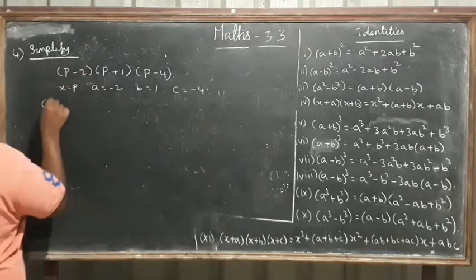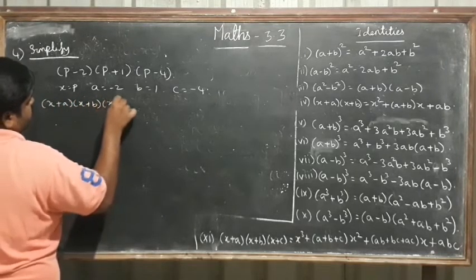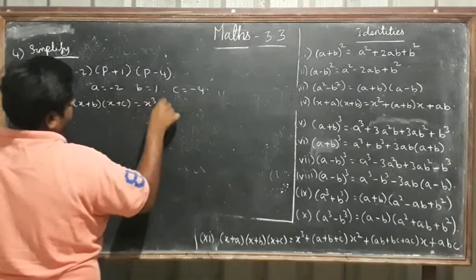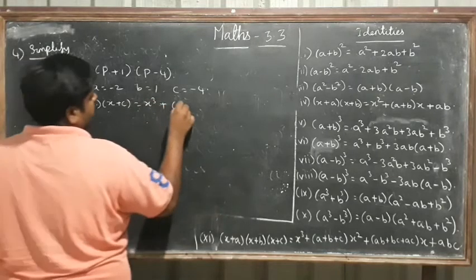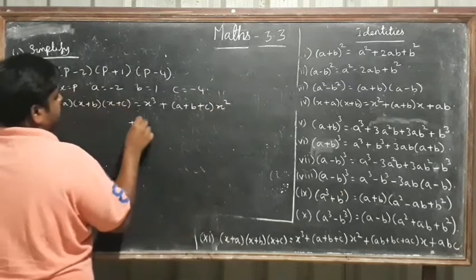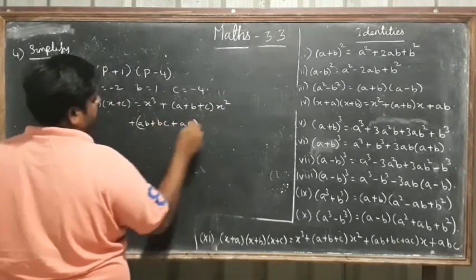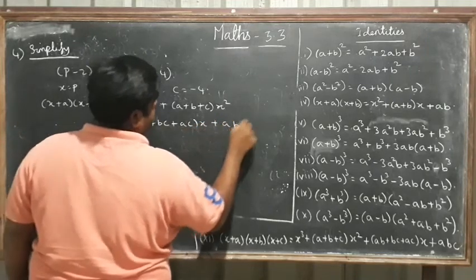So apply the formula first. (x plus a)(x plus b)(x plus c) equals x cube plus (a plus b plus c) into x square plus (ab plus bc plus ac) into x plus abc.